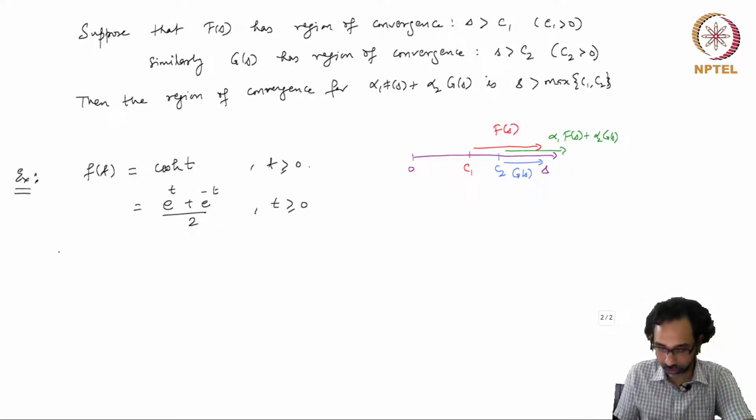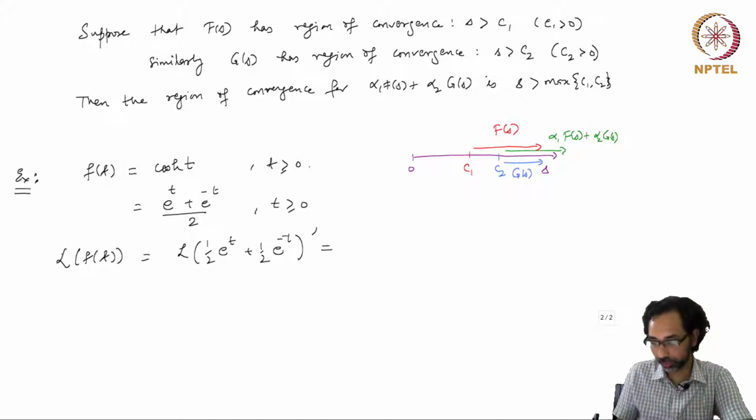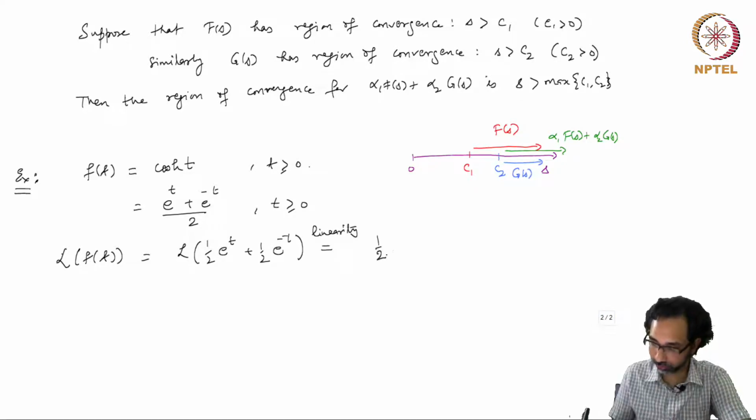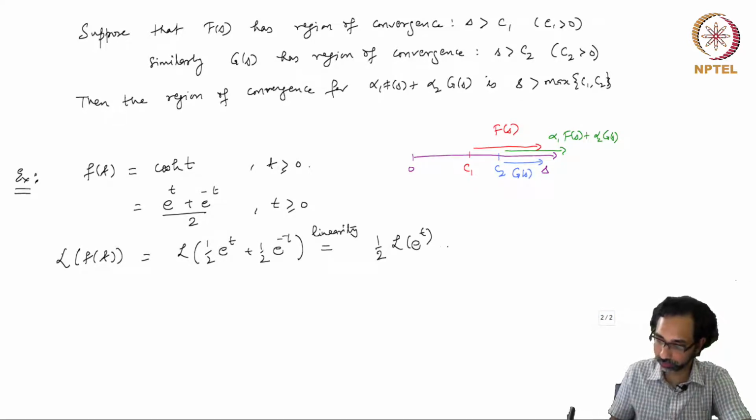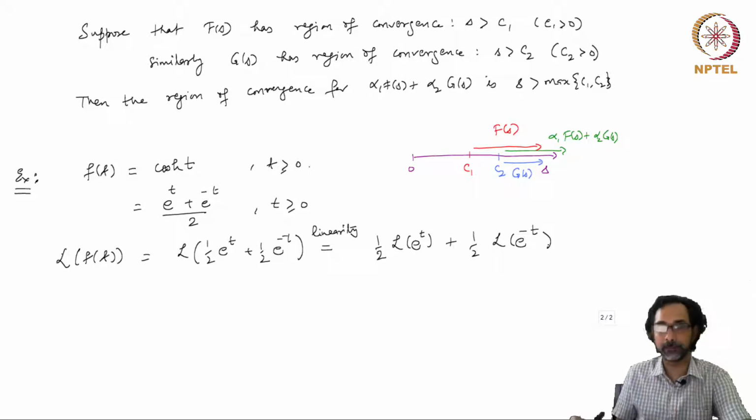So the Laplace transform of this function f(t) will be the Laplace transform of half e to the power t plus half e to the power minus t, but by the linearity property this is given by half the Laplace transform of e to the power t plus half the Laplace transform of e to the power minus t.